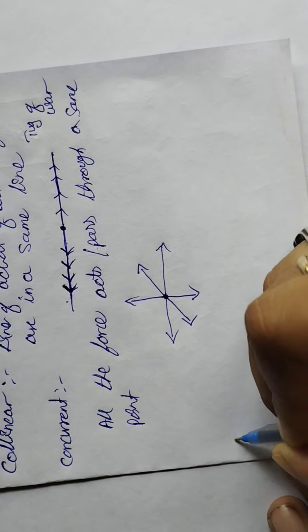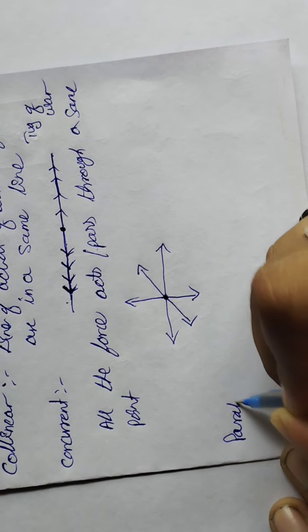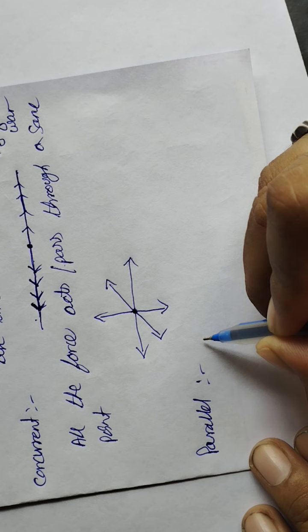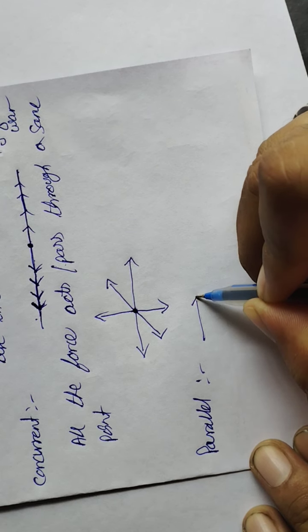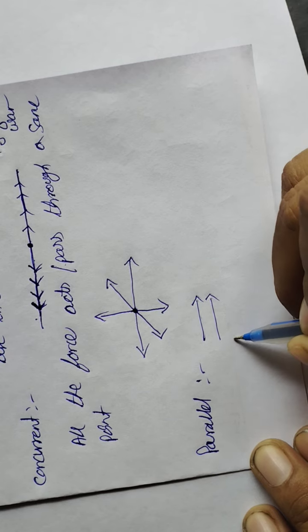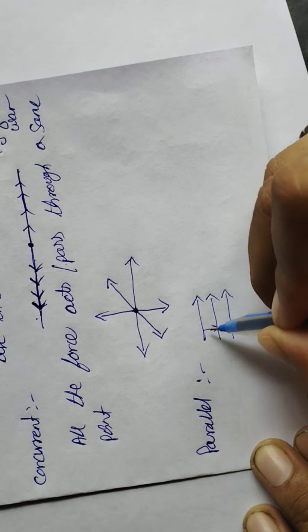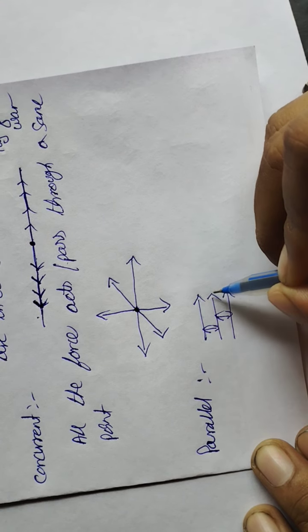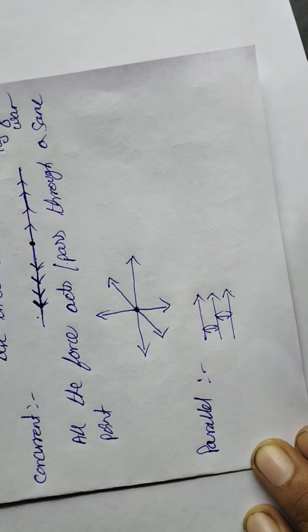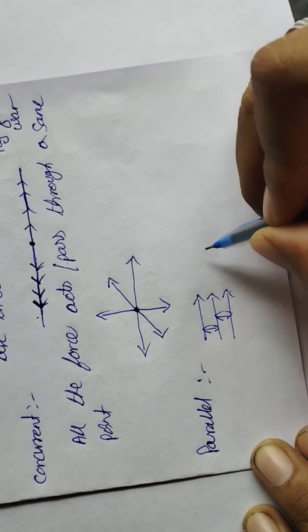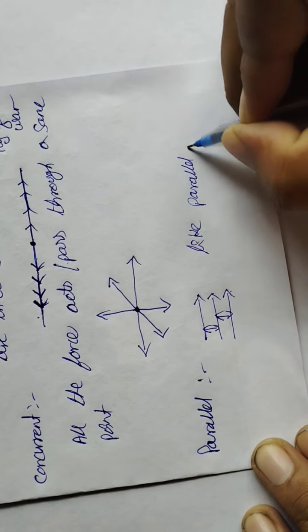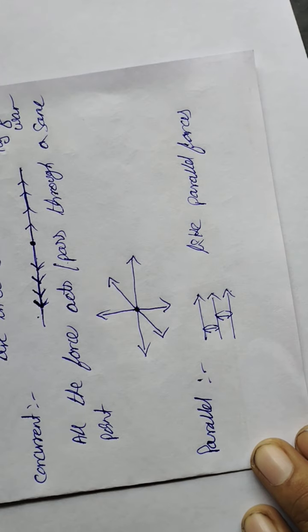Next we have parallel forces. If the lines of action of forces are in the same direction and they are parallel to each other, with the distance between two forces the same, then they are called like parallel forces.